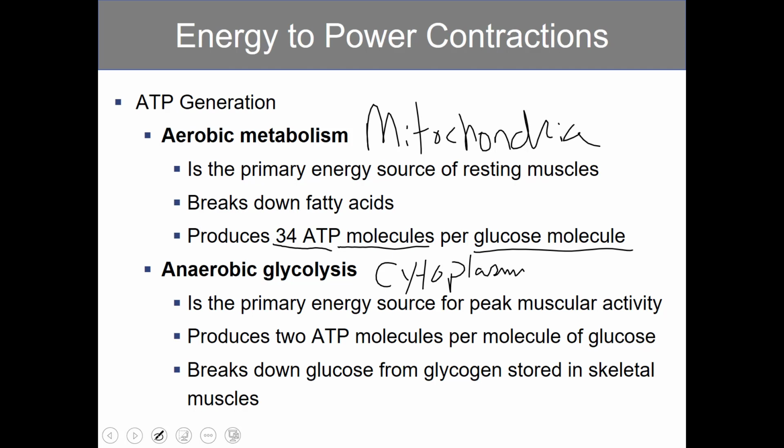And it's the primary energy source during peak muscular activity. The output of anaerobic glycolysis is the production of 2 ATP molecules per glucose. So it is not as efficient as aerobic metabolism, but it gives your body a way of generating ATP in the absence of oxygen.